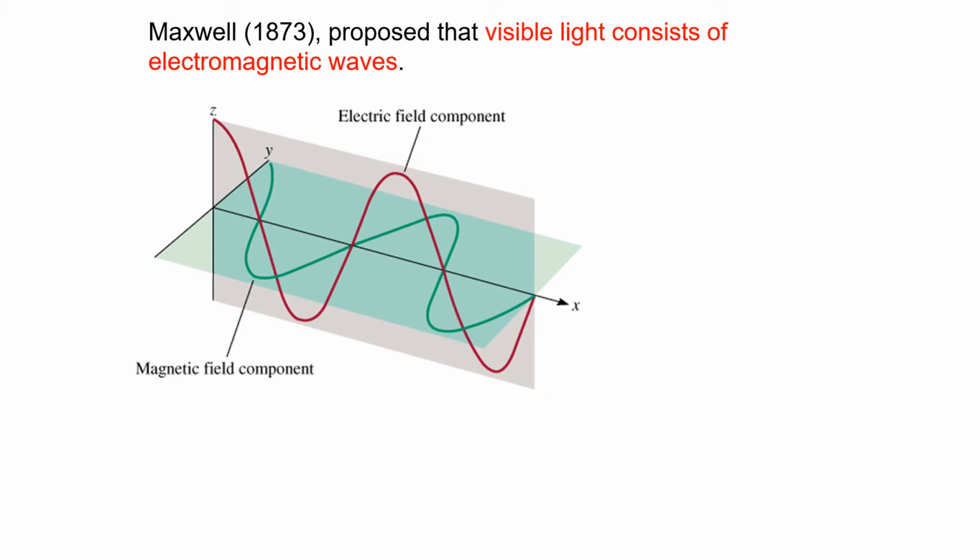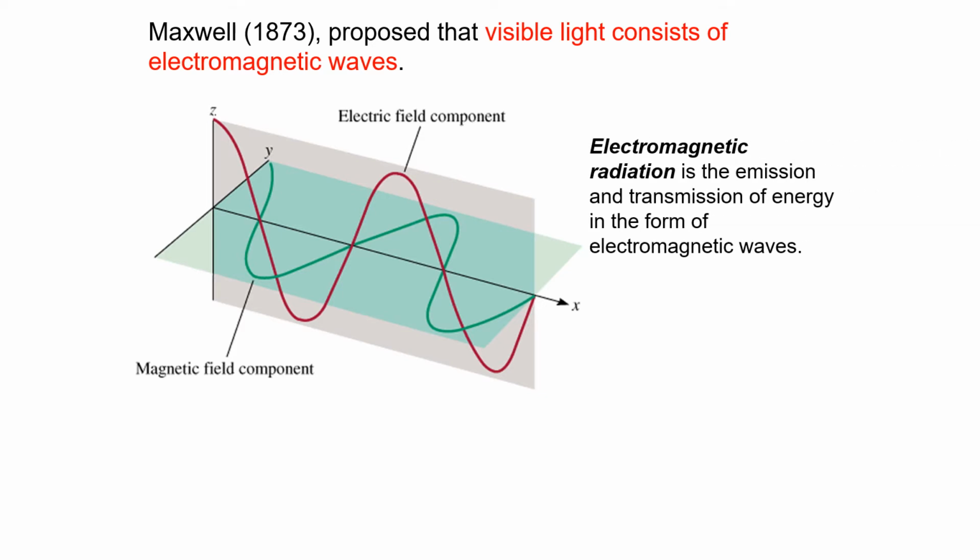And these two fields are perpendicular to each other and travel through space together. And electromagnetic radiation is the emission and transmission in the form of these electromagnetic waves. So Maxwell's model proposed that a particular form of electromagnetic radiation has a characteristic wavelength and frequency.